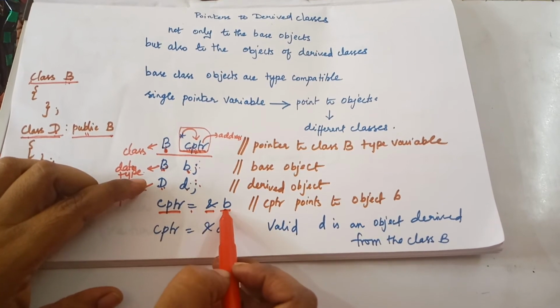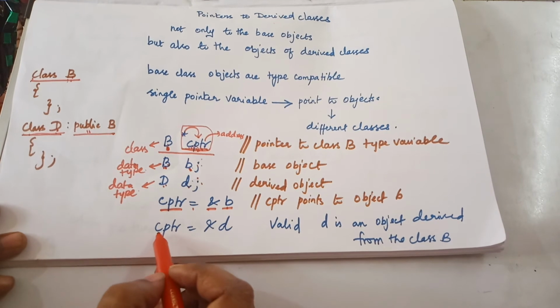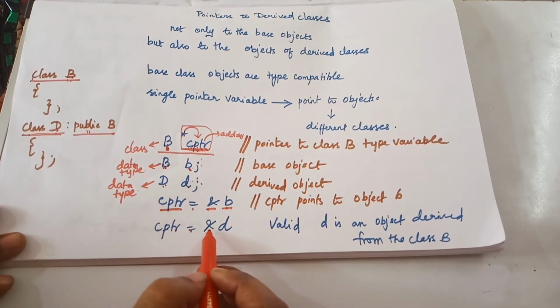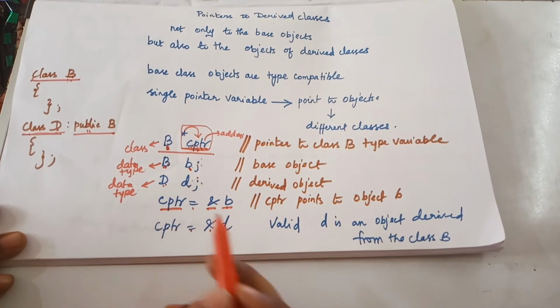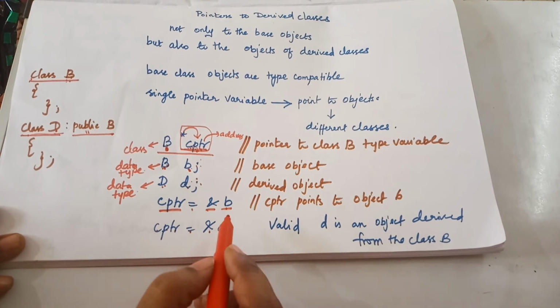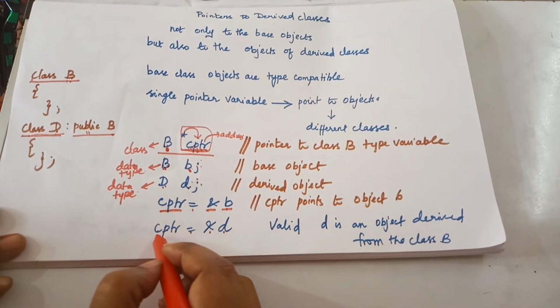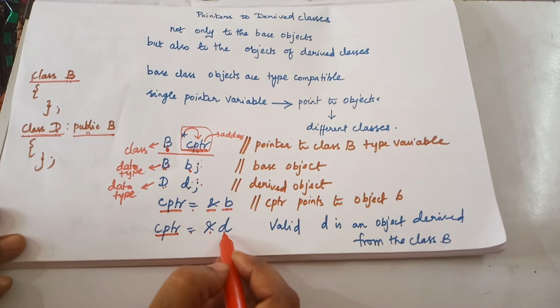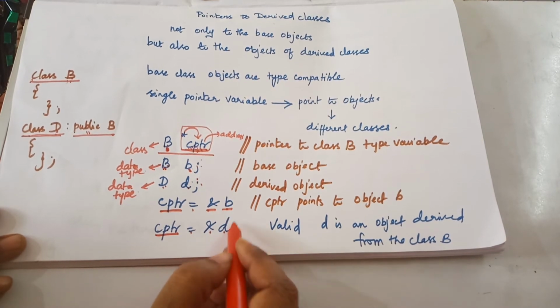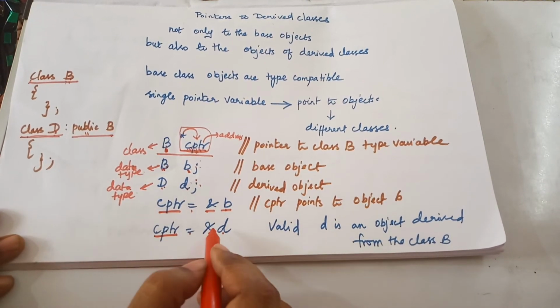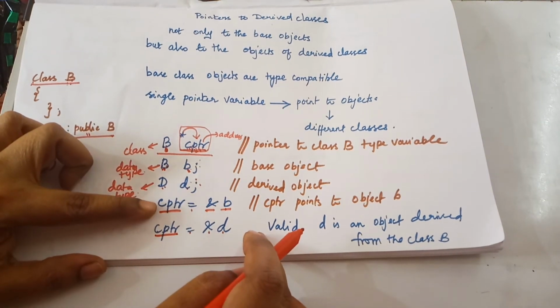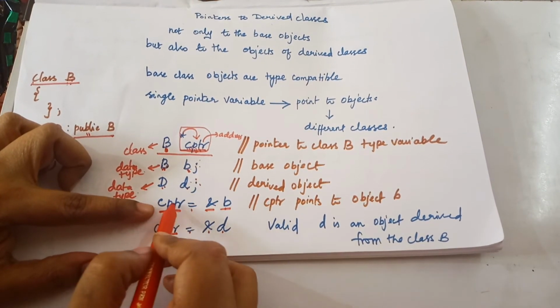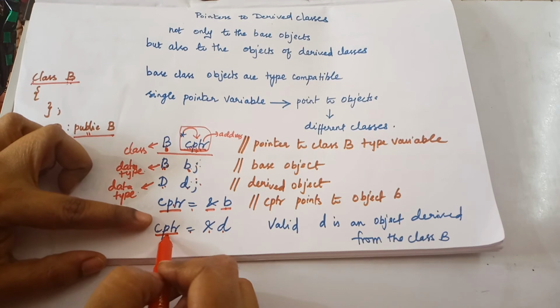Then CPTR is equal to, it takes the address of the second object. So this represents the address and this represents the object. Like this, you can create the pointer for the base class as well as for the derived class.